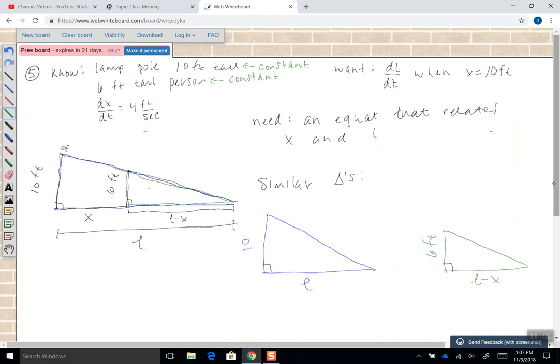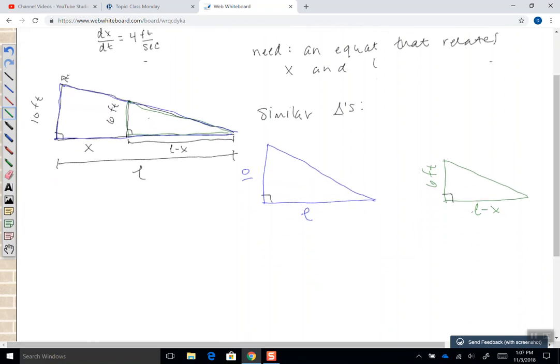We should remember that when we have similar triangles, their side lengths are proportional. So we should recall the side lengths of similar triangles are proportional.